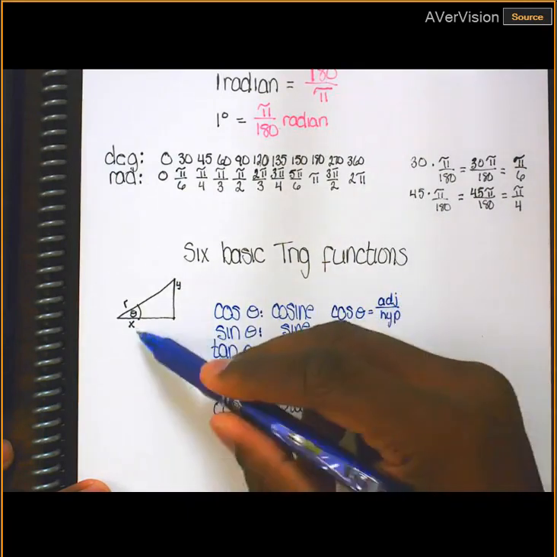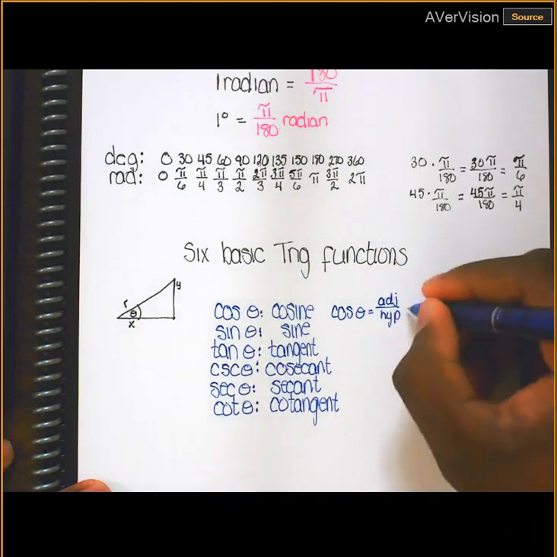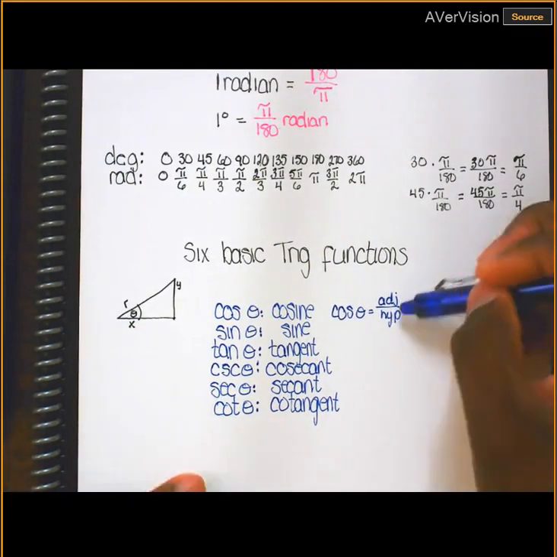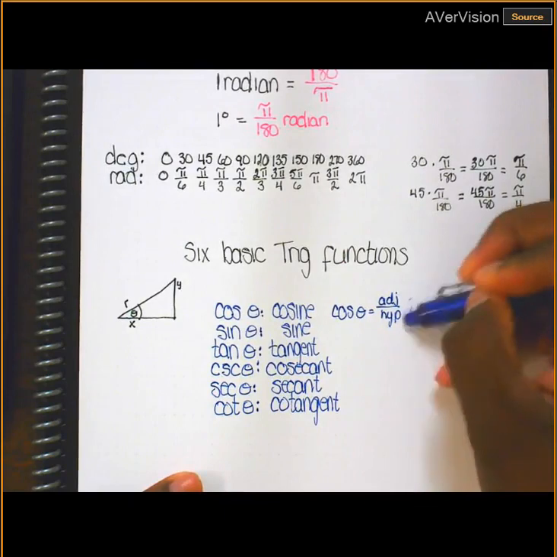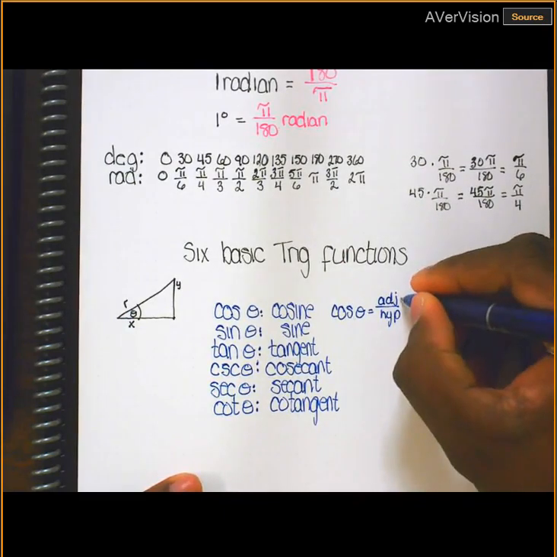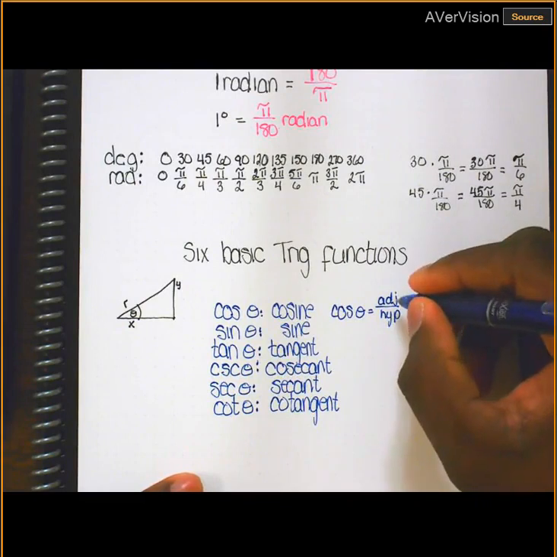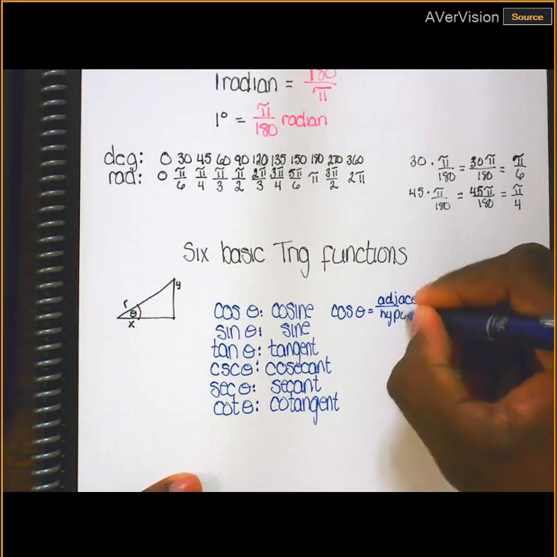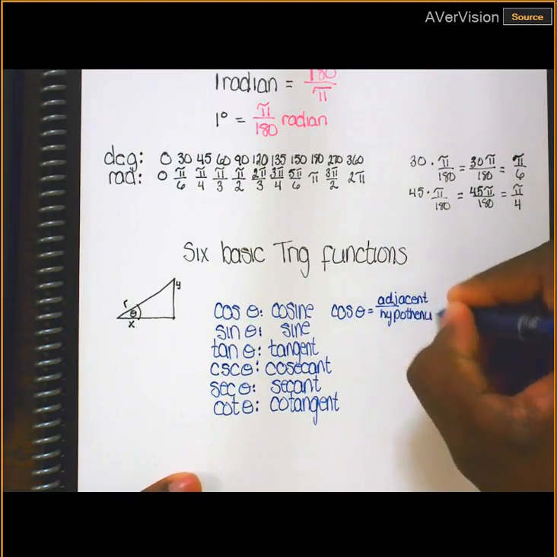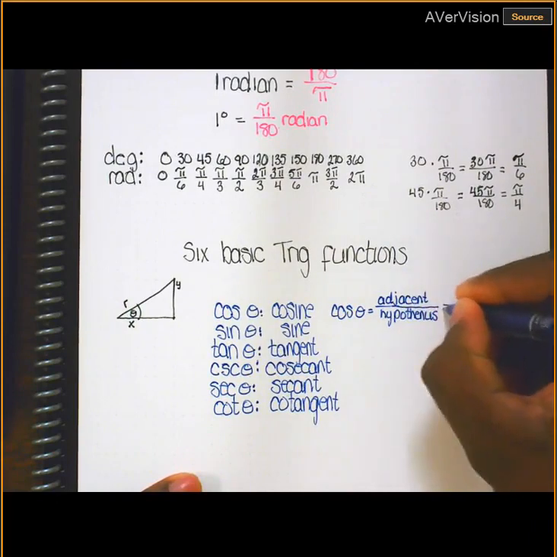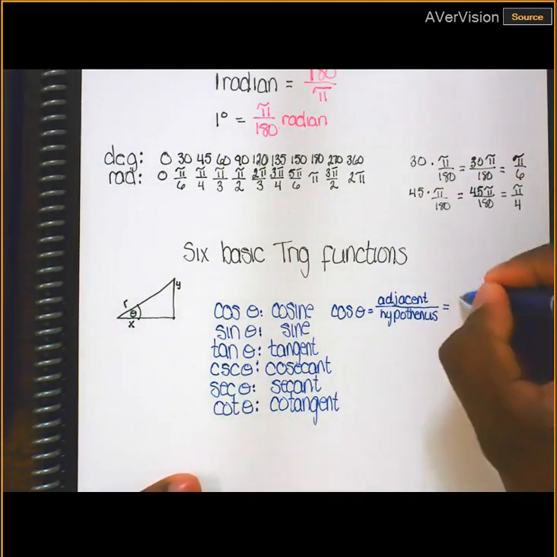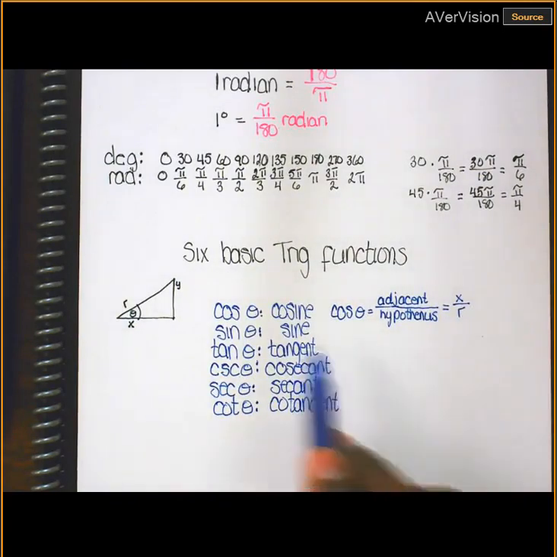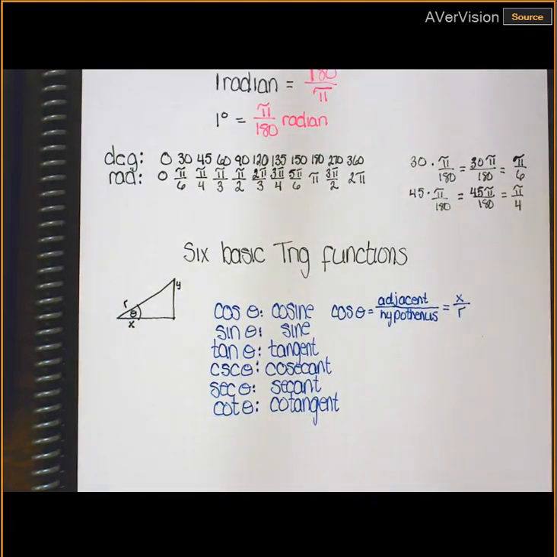And if we use the variables that we have here, which one is adjacent? Yeah, the x is adjacent to the angle, and the hypotenuse is r. So these are all different ways we can represent cosine.